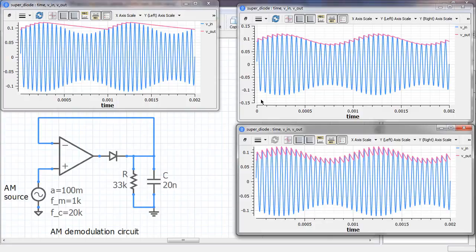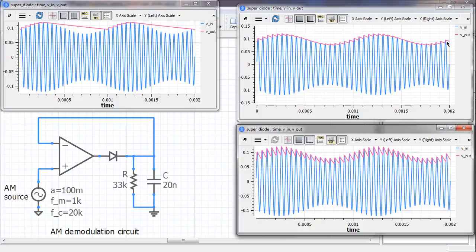And here the output is what we would like. This is the envelope which is detected as the output voltage, and it has got a small ripple riding on it, which we can filter out.